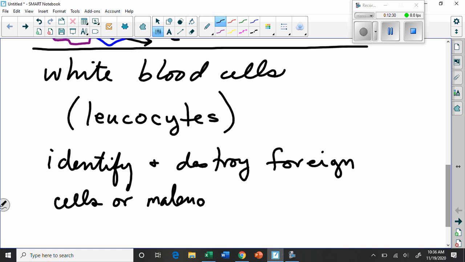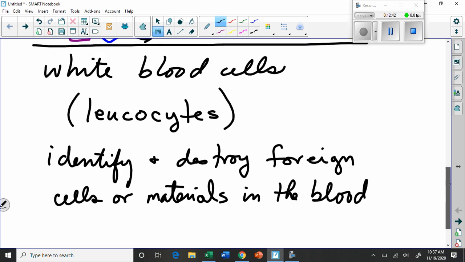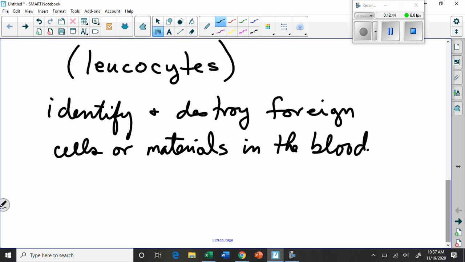They will respond to anything that doesn't have the proper license plate. I'll explain that in a minute. In the bloodstream, typically, the things that they would be attacking and destroying would be viruses or bacteria, but they will collect around just about anything.